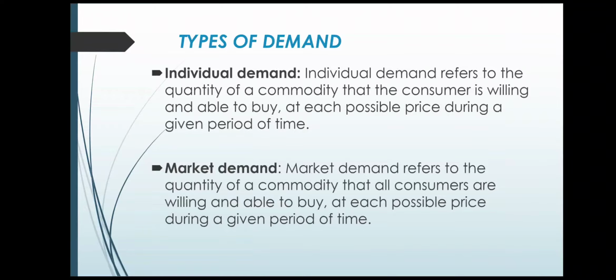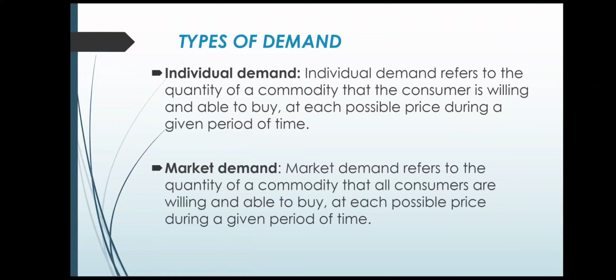So an individual demand refers to the quantity of a commodity that a particular individual, one individual, is willing to buy at a given price and at the given period of time. These two things are always going to be there, at a given price and at a given time. So individual demand refers to demand placed by an individual, one single consumer. Only then it will be called individual demand.